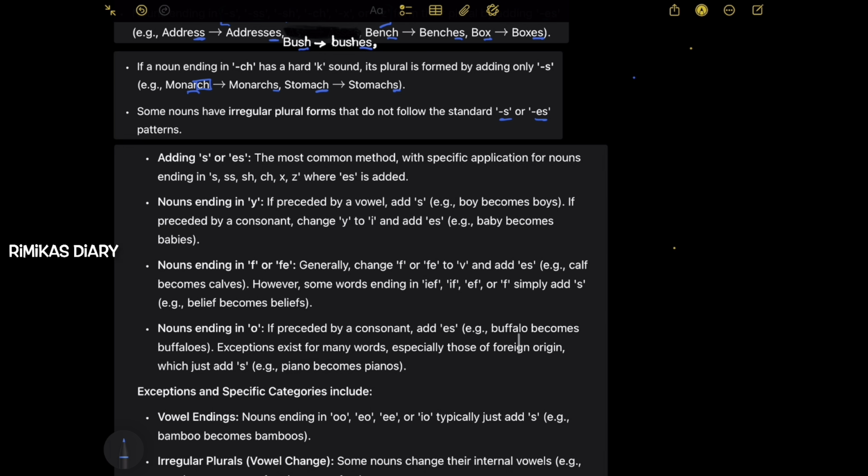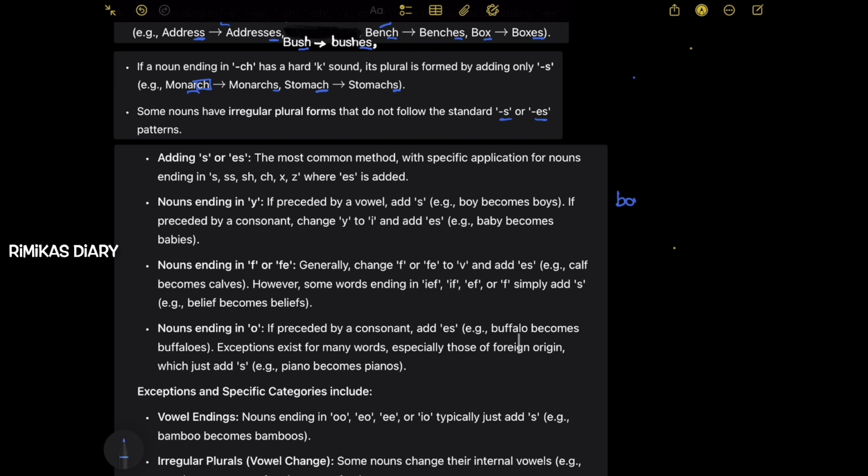The most common method is adding s or es, with specific application for nouns ending in s, ss, sh, ch, x, z, where es is added. Nouns ending in y: if preceded by a vowel, add s. Example, boy becomes boys. If preceded by a consonant, change y to i and add es. Example, baby becomes babies.